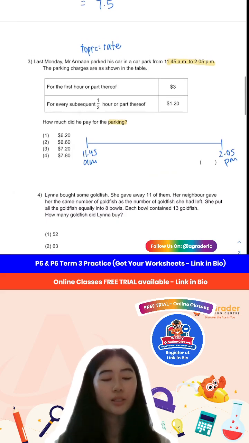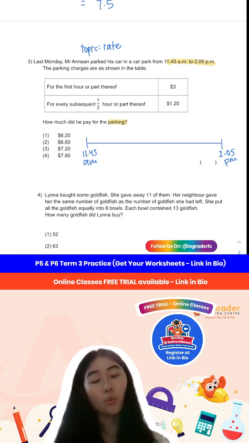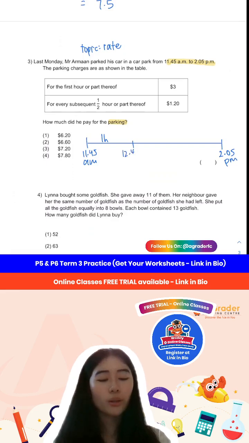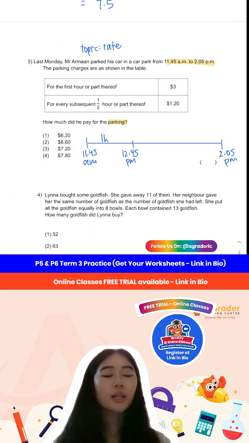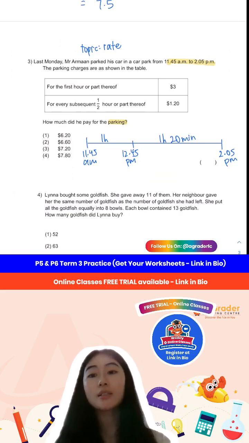Right, let's go through this. According to this table, for the first 1 hour, he needs to pay $3. So I'm going to draw 1 hour in the timeline first. So 1 hour later, that's going to be 12:45 p.m. Then from 12:45 p.m. to 2:05 p.m., that is another 1 hour 20 minutes.